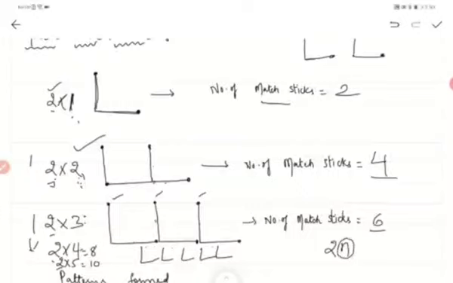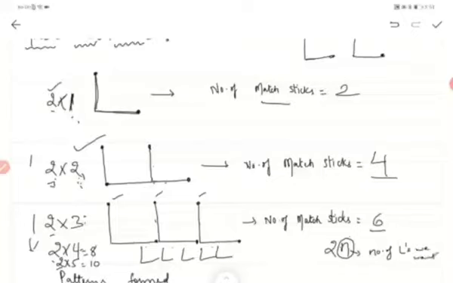This variable can be any number: it can be 1, 2, 3, anything. So if I want L's, n is representing what? The number of L's we want to draw in the pattern.